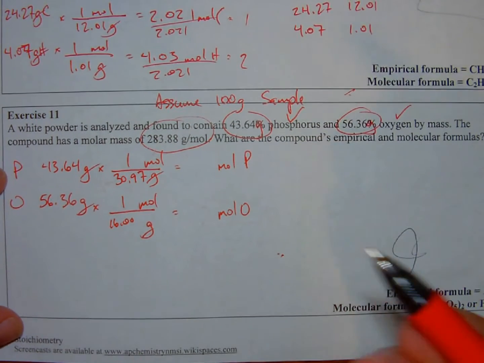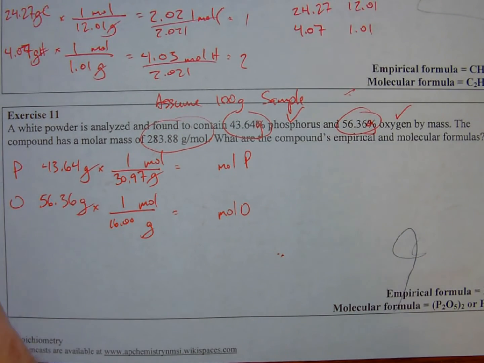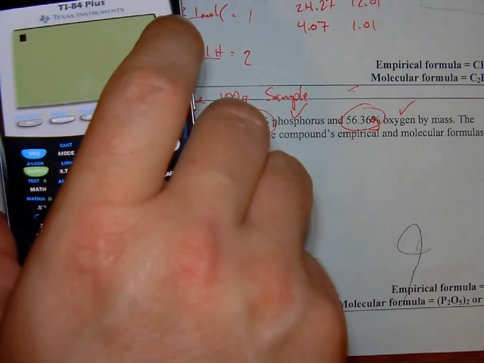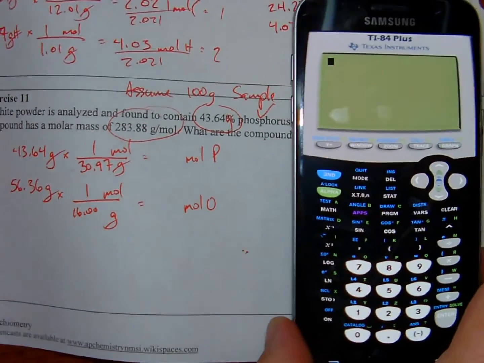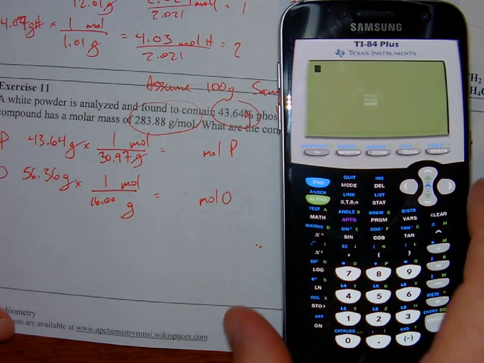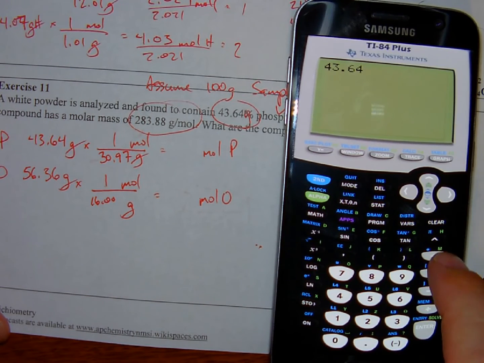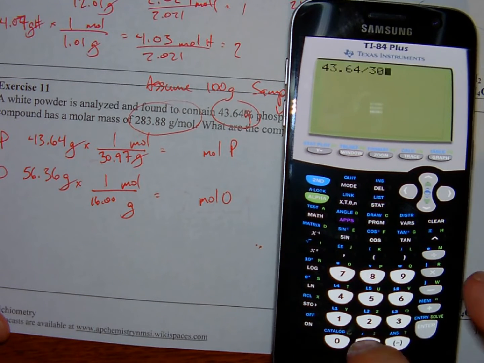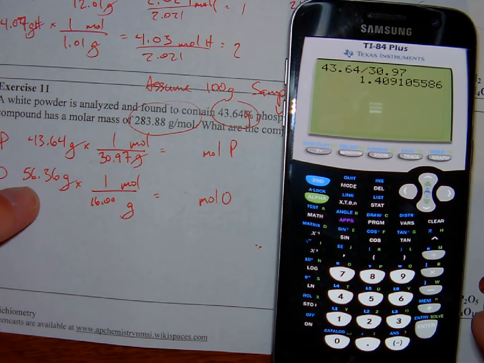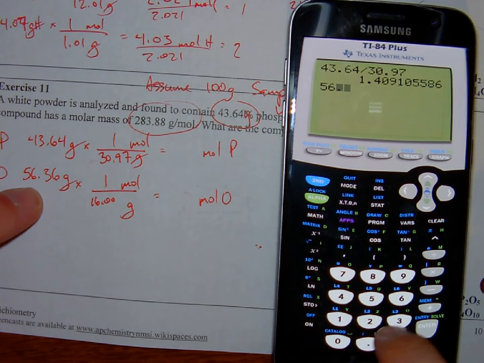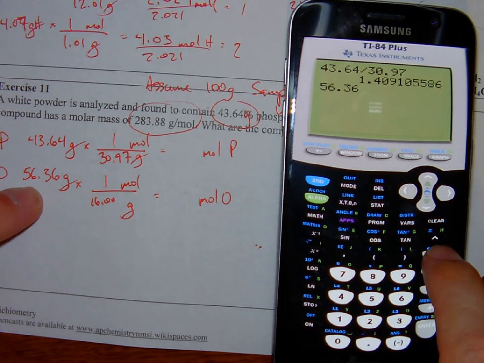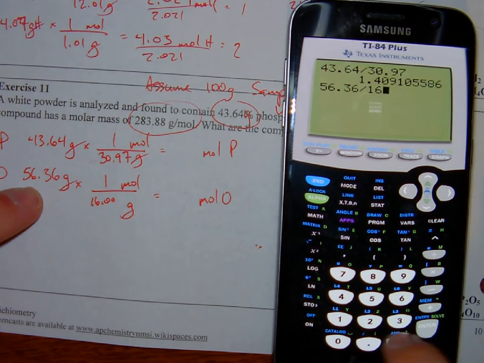And so let's do some calculations. Do phosphorus first. 43.64 divided by 30.97. All right, so that's my first value. And then let's do oxygen. 56.36 divided by 16.